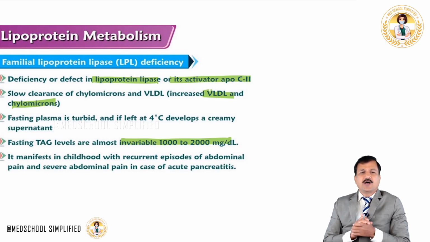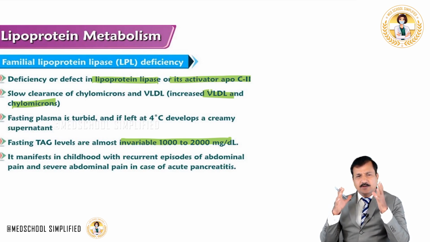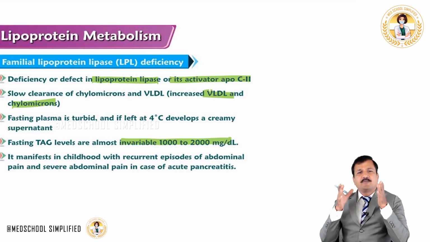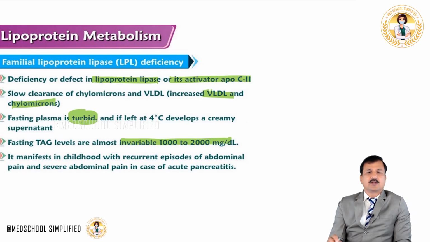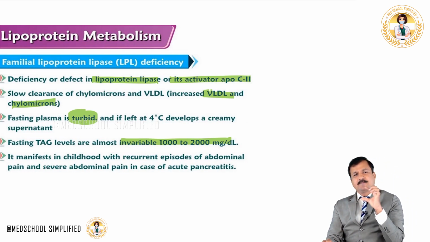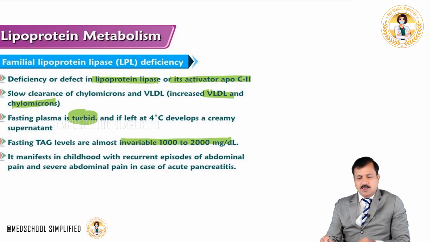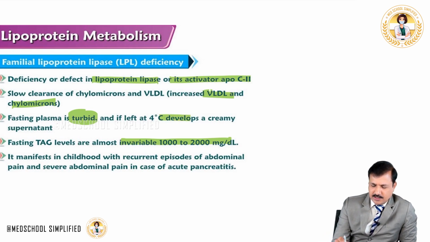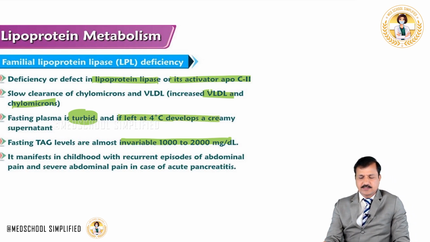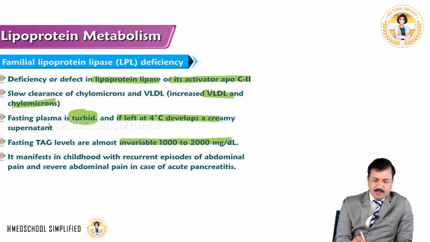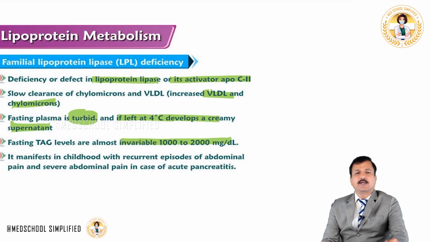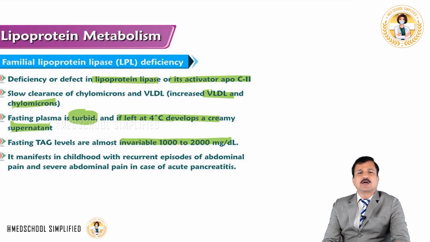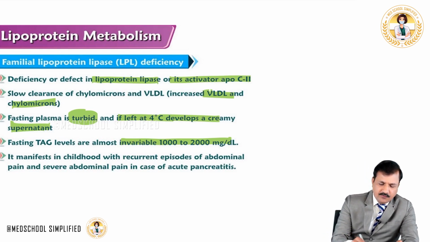deciliter. Now fasting plasma, when taken in the test tube, looks turbid, otherwise plasma is clear. Also, if the plasma is stored refrigerated at 4 degrees centigrade, a creamy supernatant can be seen in the plasma, and this creamy supernatant is because of the presence of high levels of chylomicrons, and turbidity is because of VLDL.